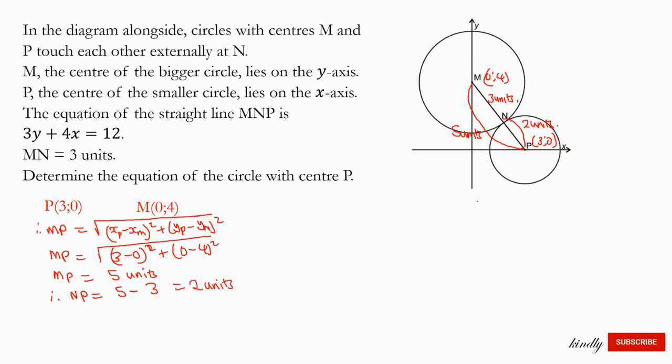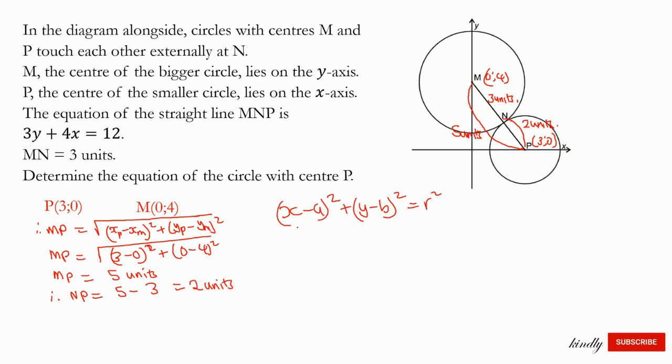So now we have the coordinates of the center P and the radius. Remember, the equation of a circle is (x minus a) squared plus (y minus b) squared is equal to r squared.